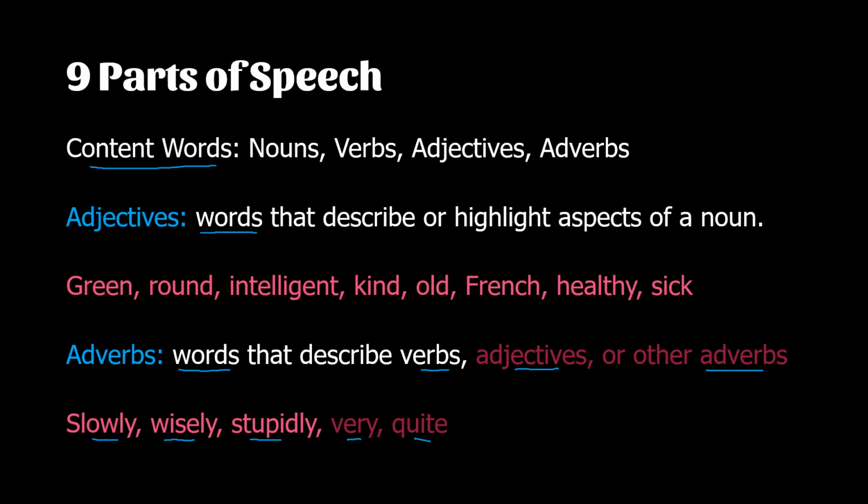So that's how they describe adjectives. But they can also describe other adverbs. I walk very slowly. He spoke quite wisely. So again, these words as adverbs can describe other adverbs.